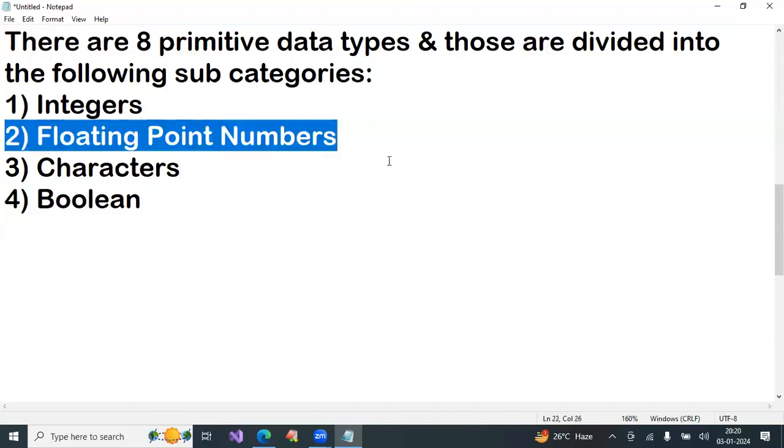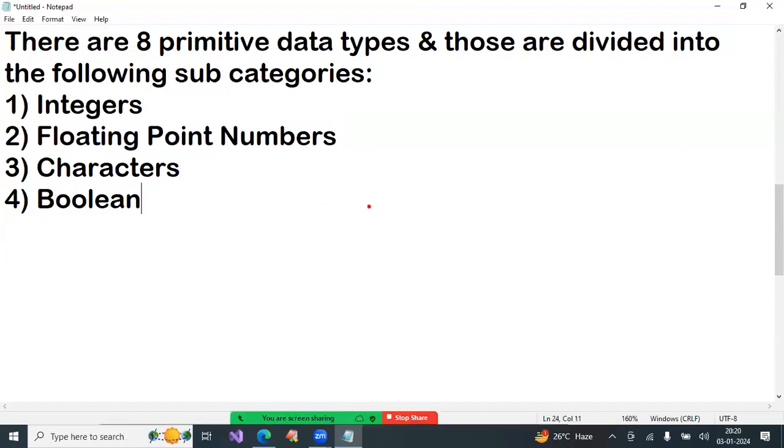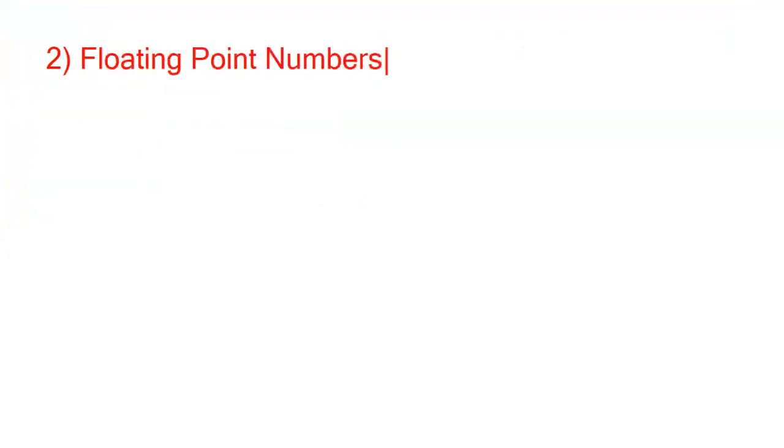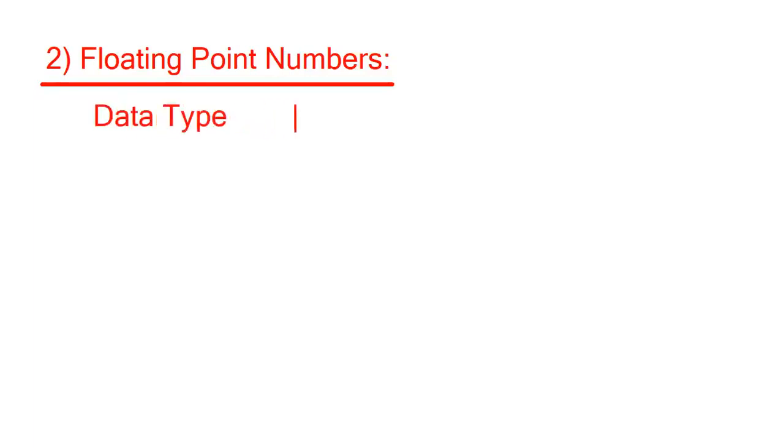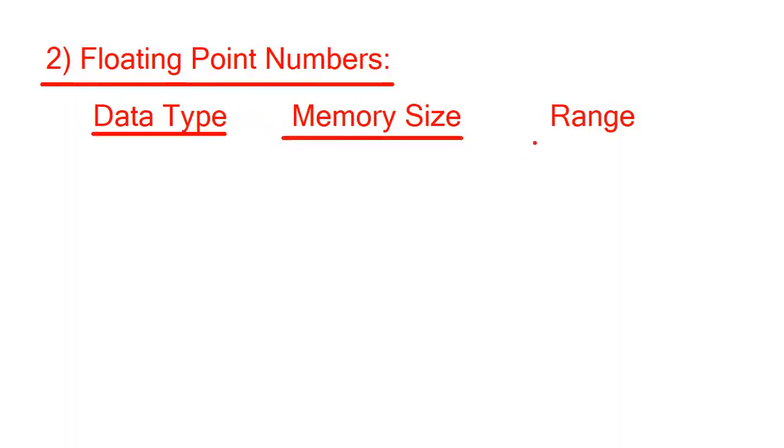Next, I'll give a list first of all. Floating point numbers. Second category, floating point numbers. Here, data type, memory size, range.